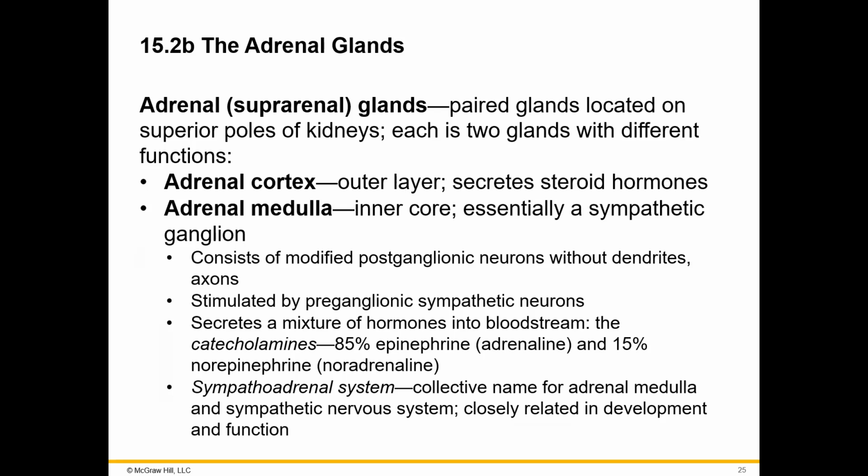The middle layer is known as the zona fasciculata. What is the zona fasciculata? Fasciculata means sticks, bundles, like this, bundle, bundle, bundle.